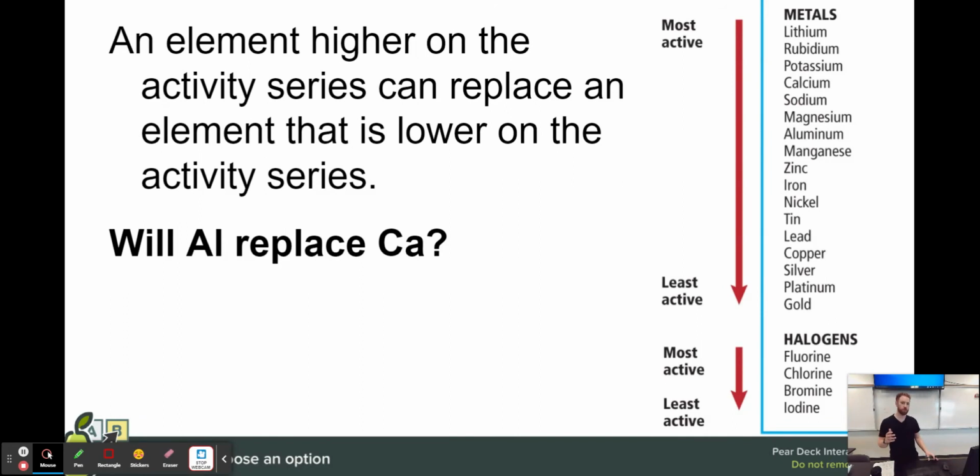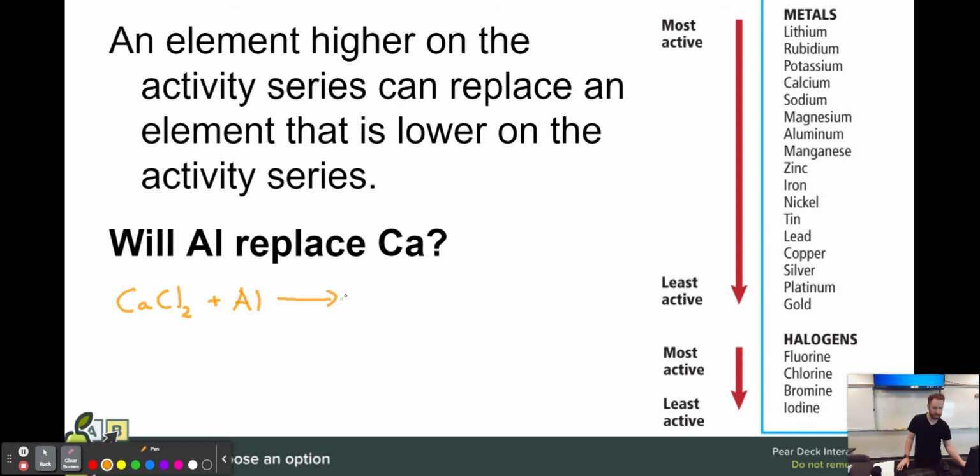Now, will aluminum replace calcium? So if we had like calcium chloride, and we threw some aluminum in there, would that aluminum take the place of the calcium and form aluminum chloride and kick the calcium out?